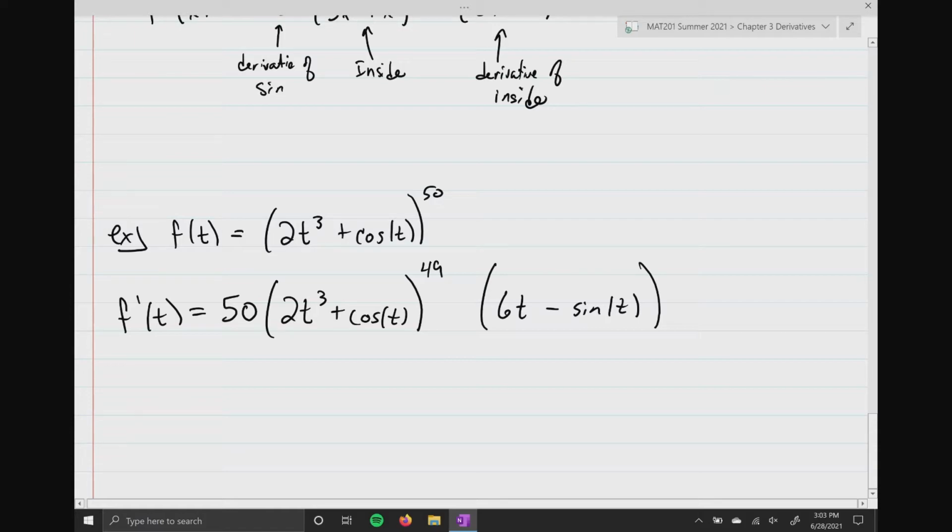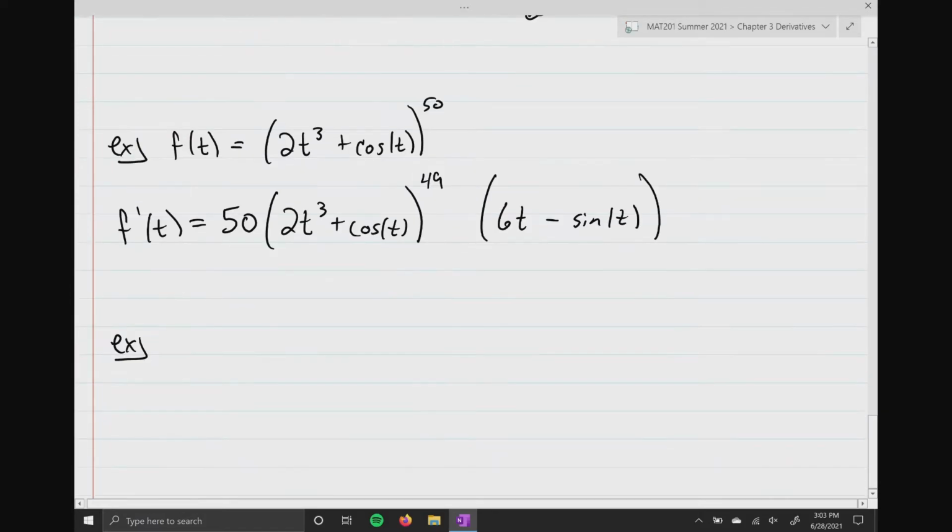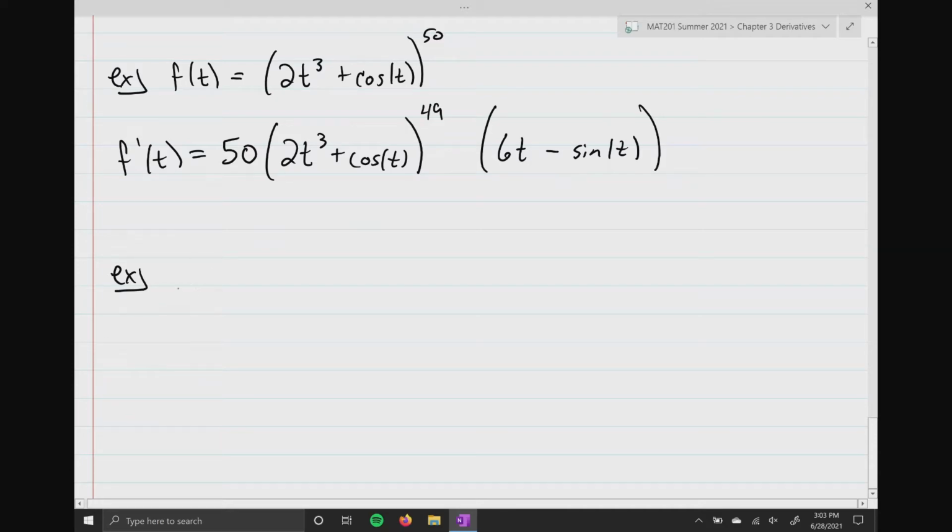Now let's look at another example. H of x equals e to the x to the fourth minus 3x to the second plus 9. So from here, we can actually take our e to the x rule and make a more general rule, okay?